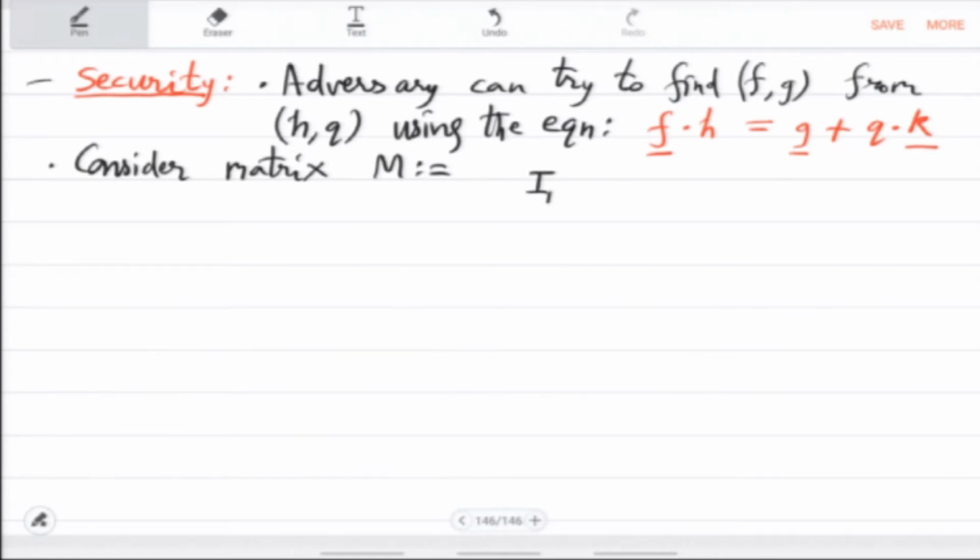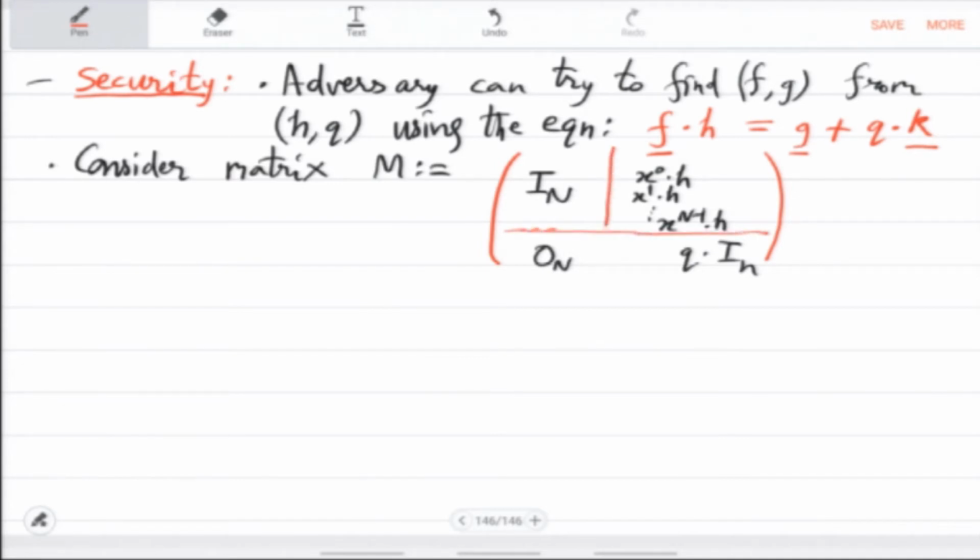In block form it will look like this: In, and here 0, Q times In, and here, essentially the other thing which is known to the adversary, H in particular: write x0 times h, x1 times h, dot dot dot, x to the n minus 1 times h. Look at this matrix in block form.